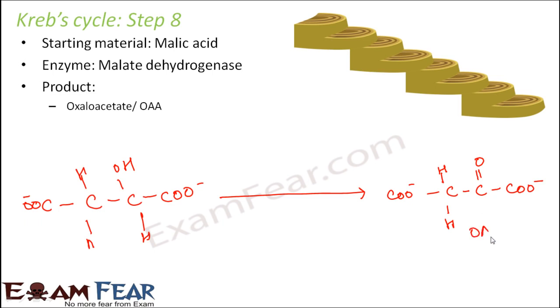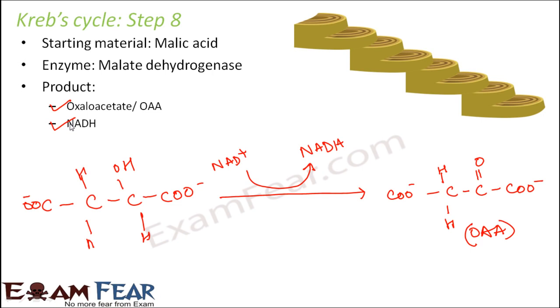So this is oxaloacetic acid, and during this process NADH is also released. So the products formed are oxaloacetic acid and NADH, which is further utilized for ATP synthesis.